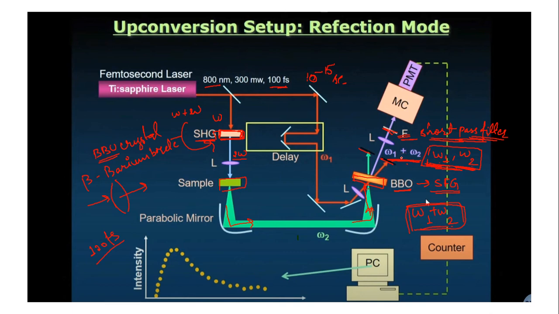Now in the reflection mode, the transmitting thing is eliminated. Light is reflected through this entire path, and therefore the time resolution in this case is far better than the transmissive mode. So that's why the reflection mode is quite better than the transmissive mode.